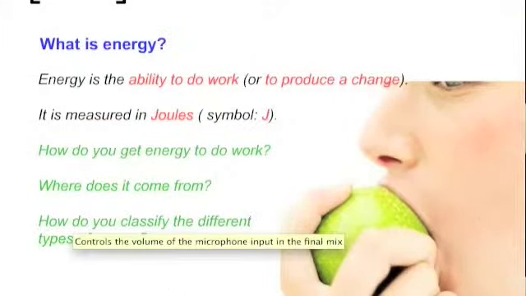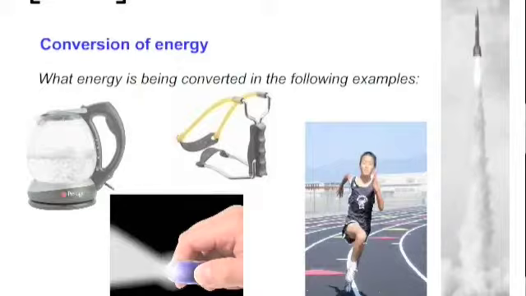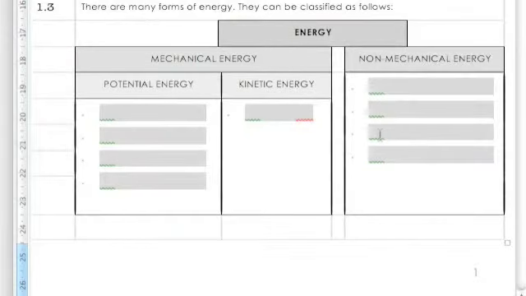Okay, so let's go back to the lesson. Now, in your notes, you learned about 1.4. Let's look at the notes there. You should by now be able to fill in the answers for the forms of energy. Under mechanical energy, you should be able to get some potential energy.